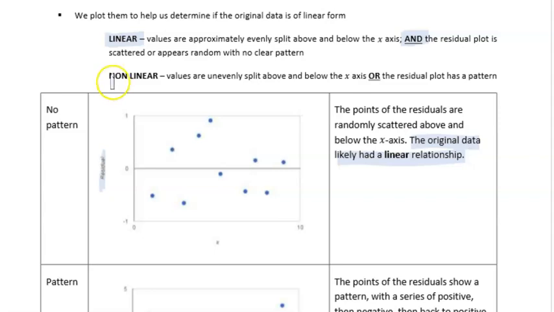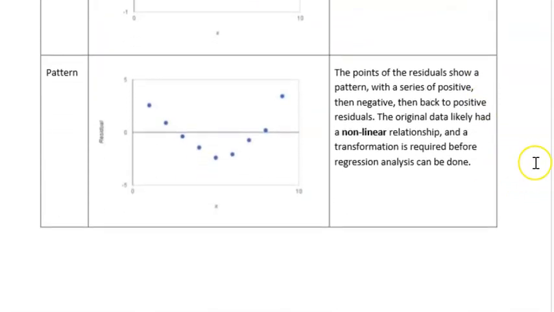The second scenario, when our data is non-linear, we either have uneven split or our residual plot forms a pattern. There's an example of that here. This is a really obvious pattern. It's got that U shape. We also don't necessarily have an even split of values, but I look at that and I can straight away see there is a pattern there.